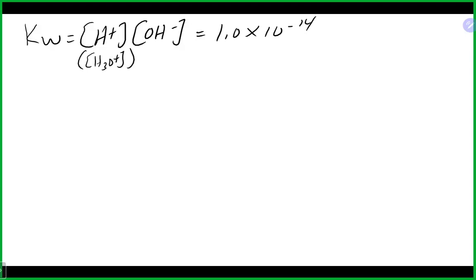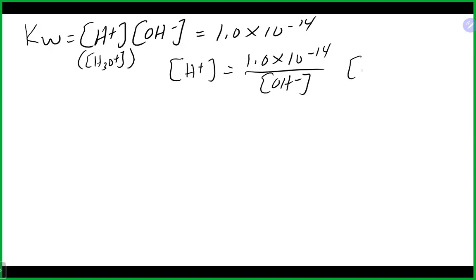The nice thing is, if you know either the H plus concentration or the OH minus concentration, you can figure out the other. It is the exact same calculation regardless of which one you're given: 1 times 10 to the minus 14 divided by the other concentration. As we talked about in this chapter, make sure you are using your exponent button, or you may be in some trouble.